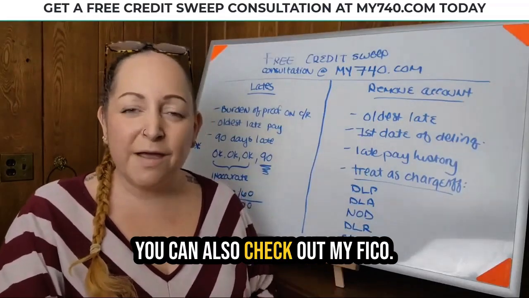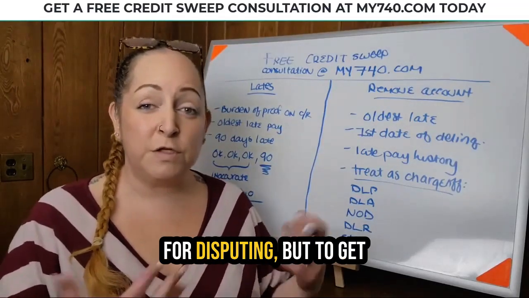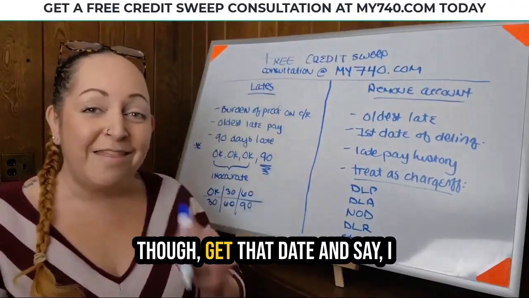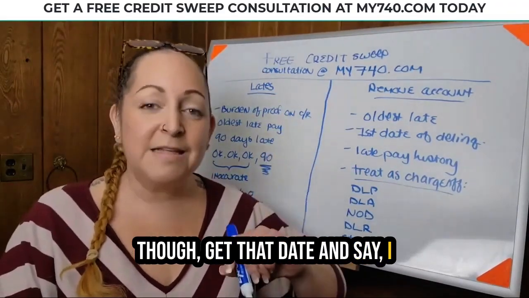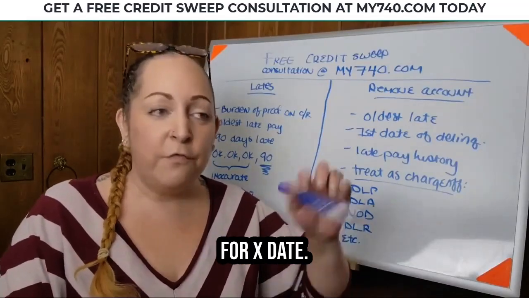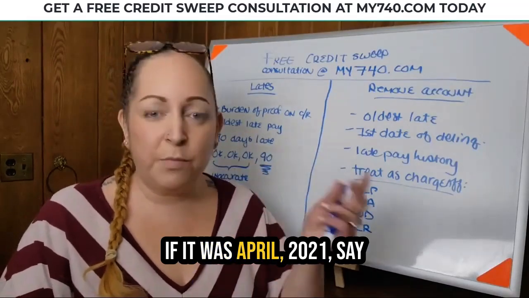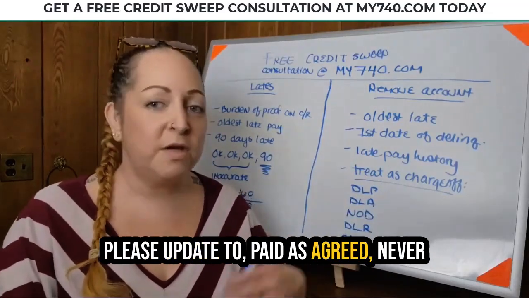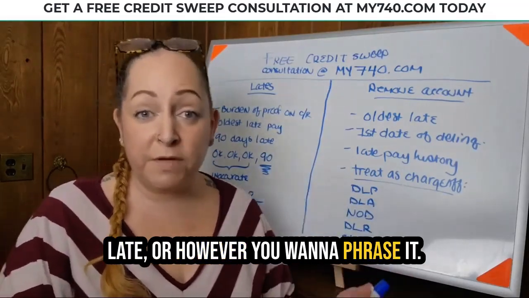You can also check out my FICO. I don't use that specifically for disputing, but to get that late payment date, a little bit more expensive though. Get that date and say, I did not pay late, or I paid on time for X date. If it was April 2021, say April 2021 was paid on time, please update to paid as agreed, never late, or however you want to phrase it, okay?